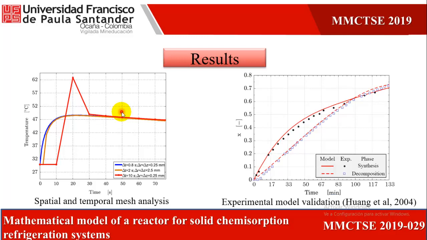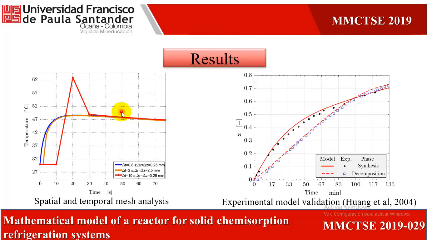On the other hand, in order to validate this result, the results obtained from the mathematical model were compared to the experimental results. This time we considered the results of Wang and collaborators for the synthesis and the decomposition phases.